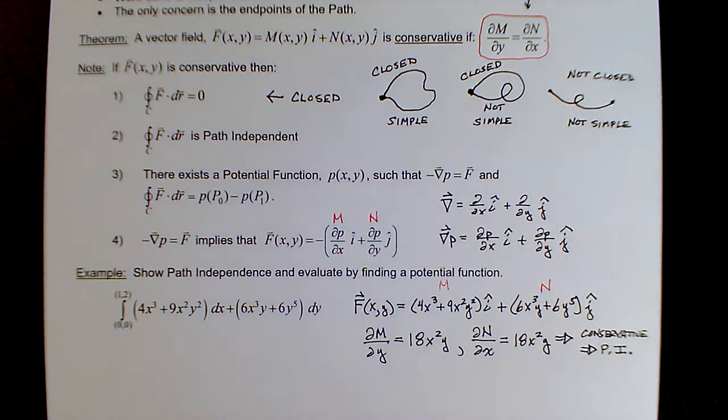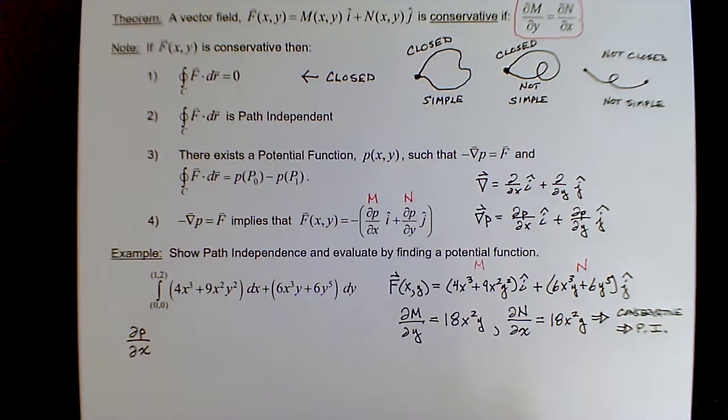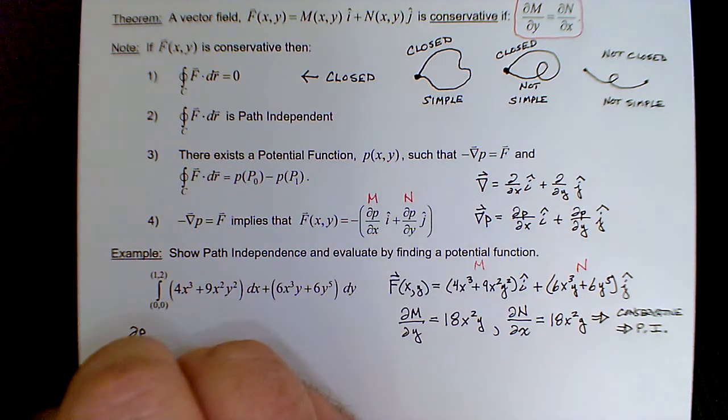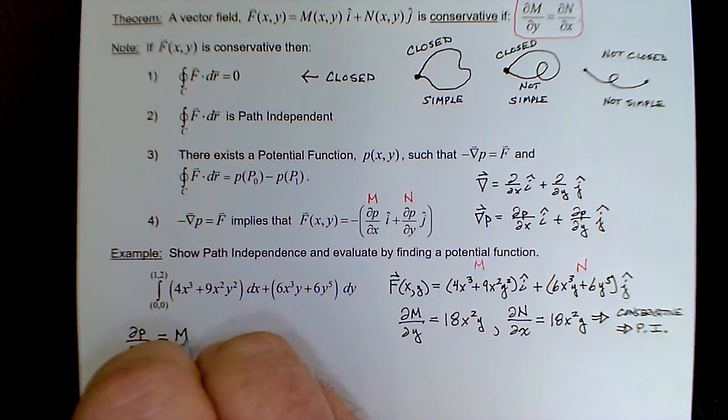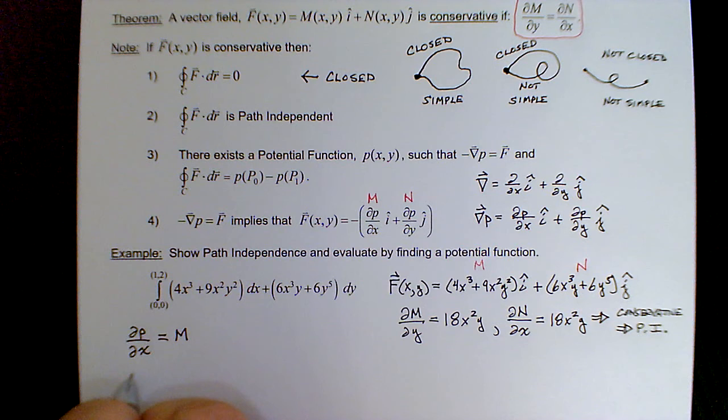So what we could do is start with one of them, which typically will be x. We'll say the partial P with respect to x is equal to M, which means that the partial P with respect to x is this 4x cubed plus 9x squared y squared.